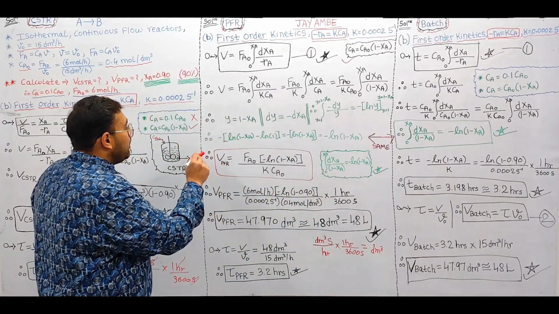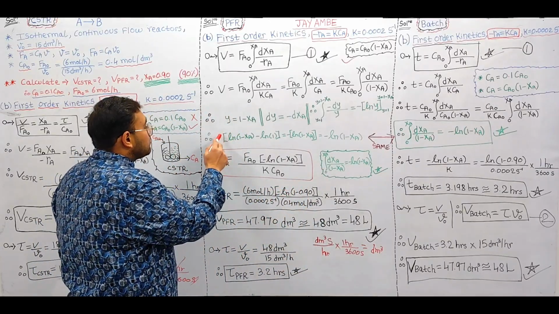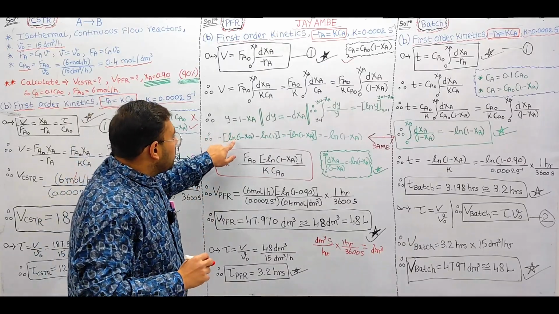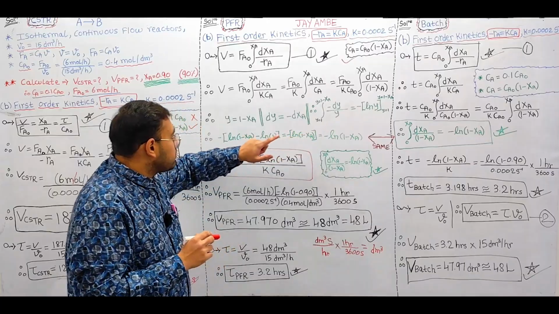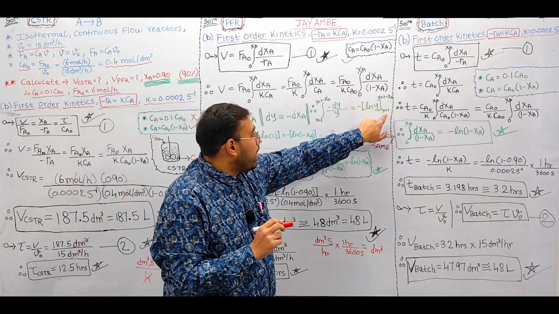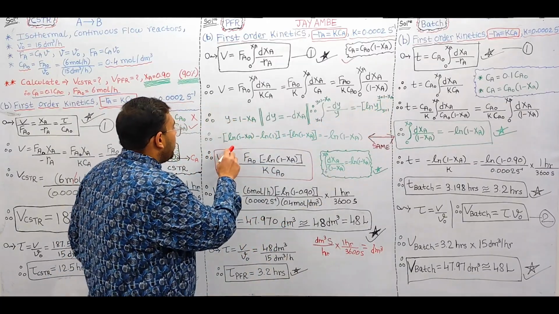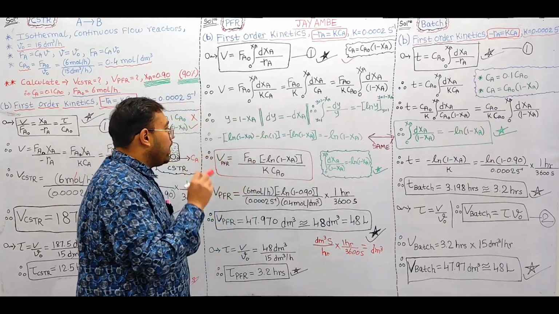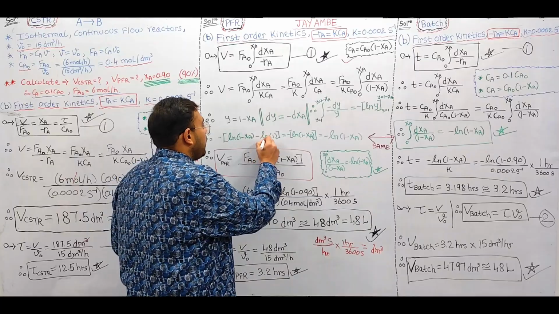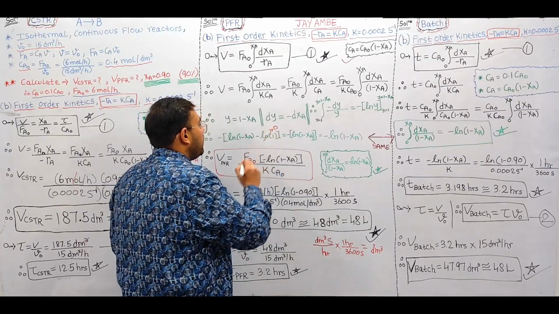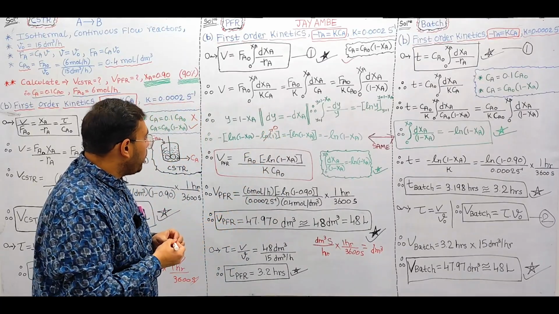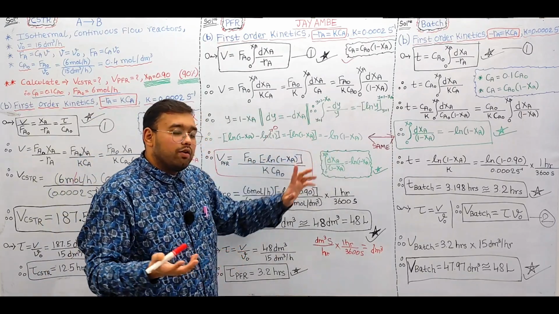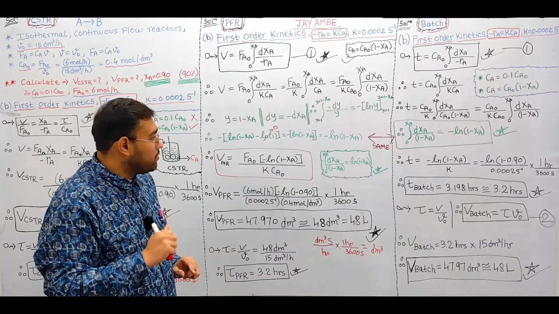Now we put the upper limit minus the lower limit: ln of 1 minus XA minus ln of 1. Ln of 1 is 0, so we are left with minus ln of 1 minus XA. I hope you have understood.